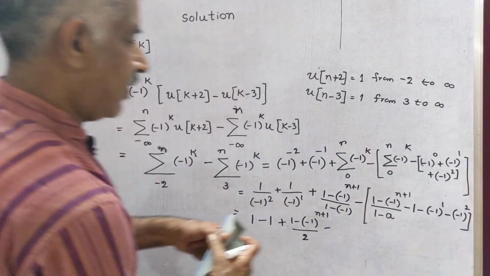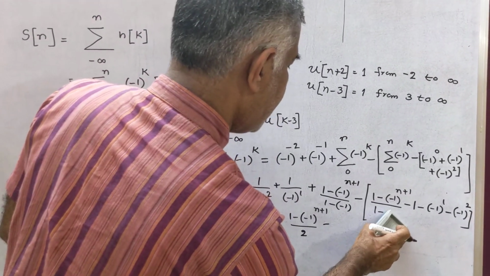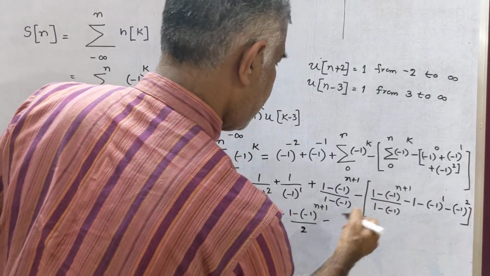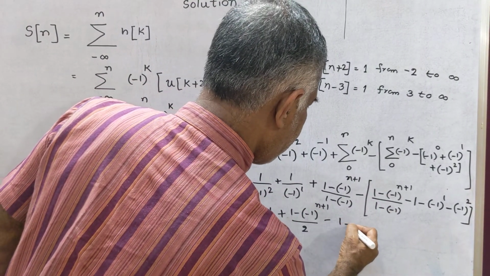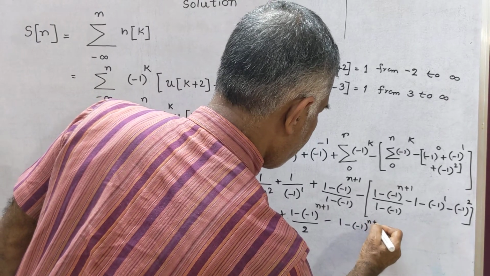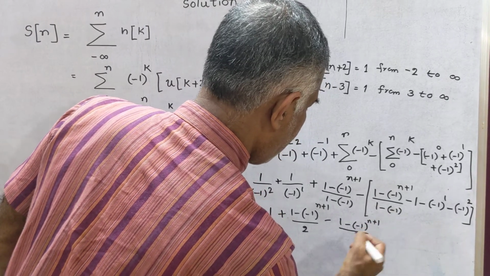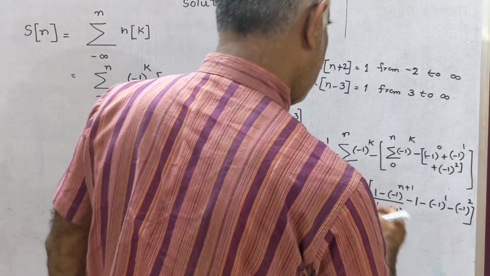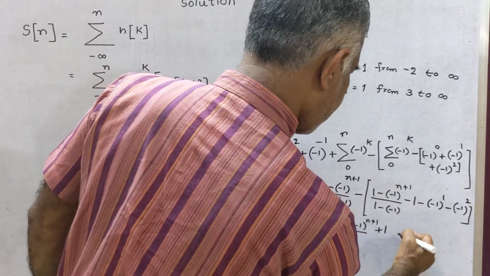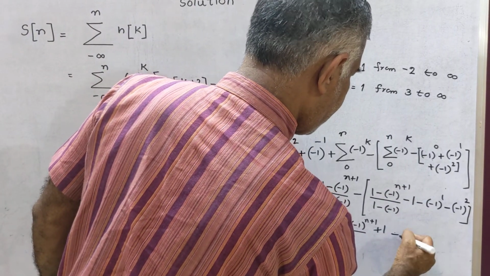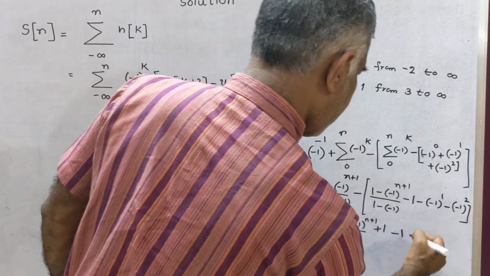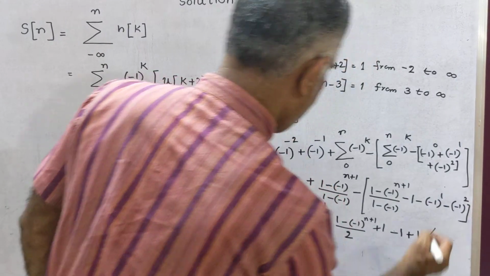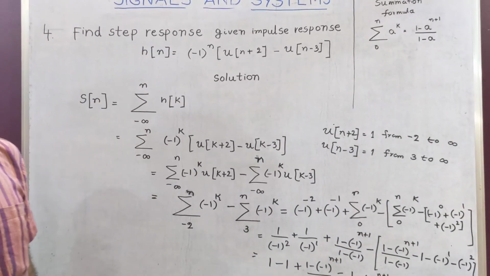So here 1 minus a means 1 minus of minus 1, which is 1 plus 1, 2. Then plus 1. Next, plus of minus, that is minus 1. Next, minus of minus 1 squared means 1. This is the answer. Thank you.